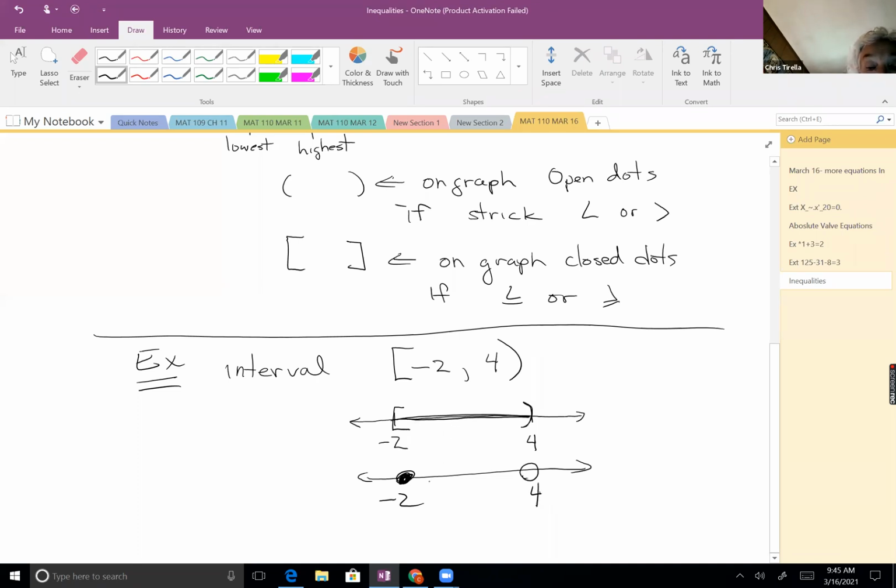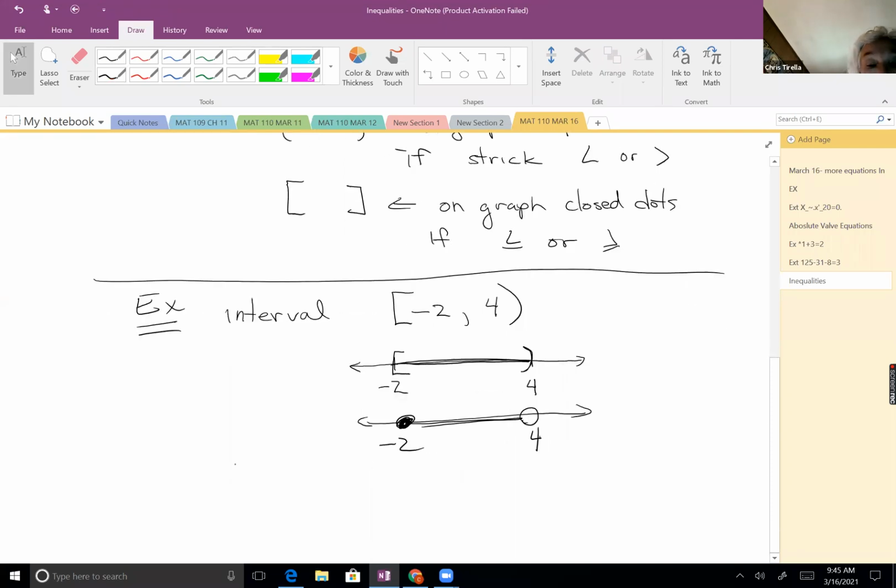And we can consider all of the values in between. Or we could say that was -2 is less than or equal to x is less than 4. Does everybody remember looking at this interval notation earlier in the semester?